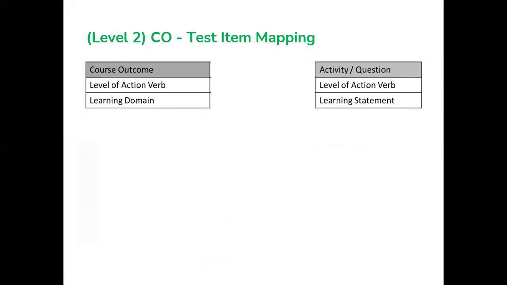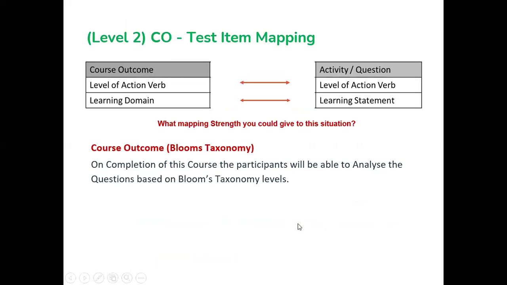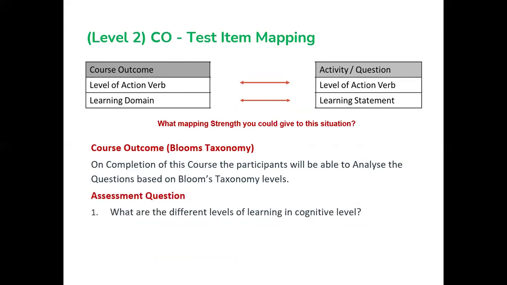Now, I can give you one more example. Suppose this is another CO: analyze the questions. This is a level 4 CO, course outcome. Then what are the different levels of learning in cognitive? Definitely it is a remember level question. So a level 1 question, I have to map with the level 4 CO. What should be the mapping strength?